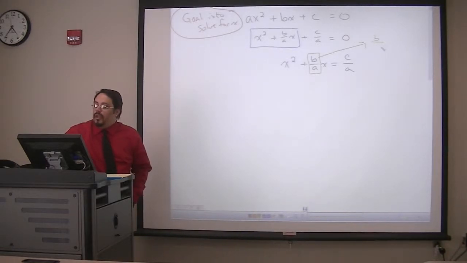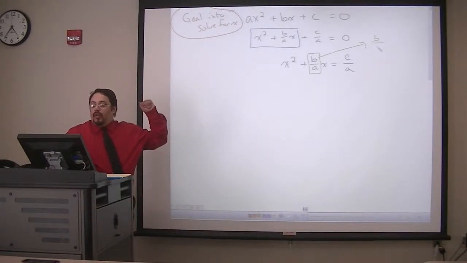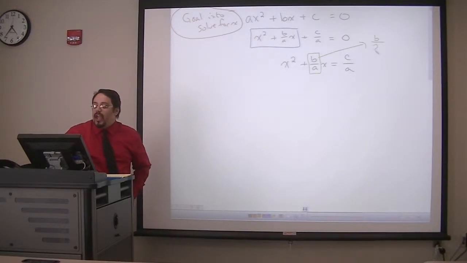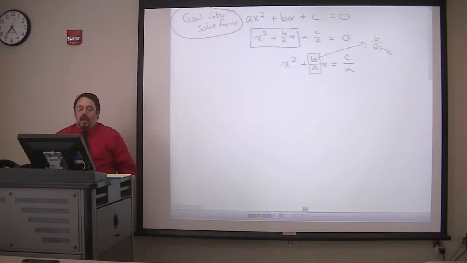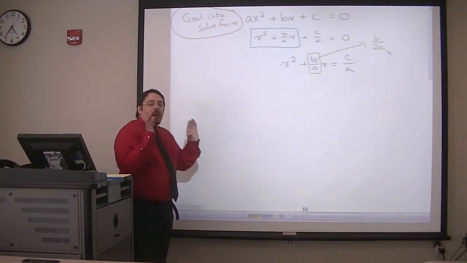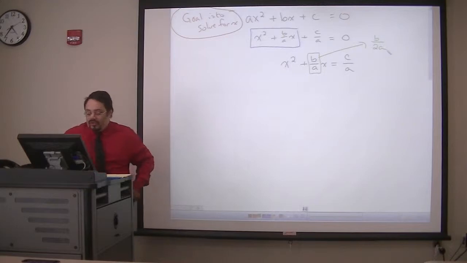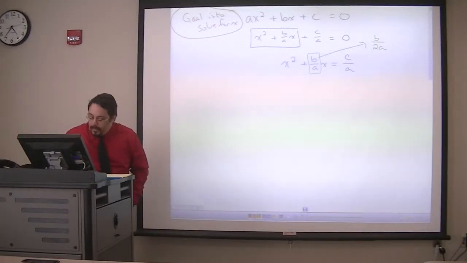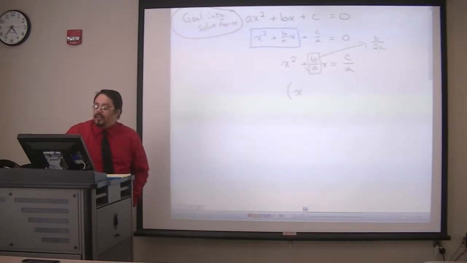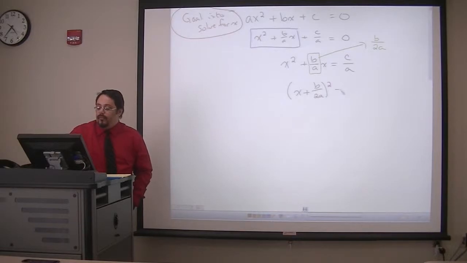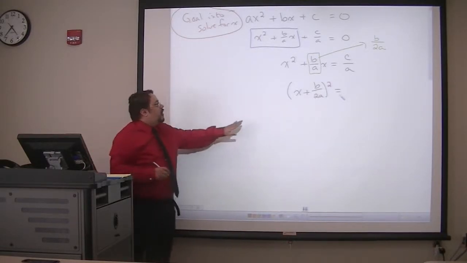So what we're going to do is multiply 1/2 by b over a, giving us b over 2a. And that's what's going to be in our binomial, the result of the perfect square trinomial. So over here we're going to have x, keeping this sign here, plus b over 2a, squared. So that's our first part.